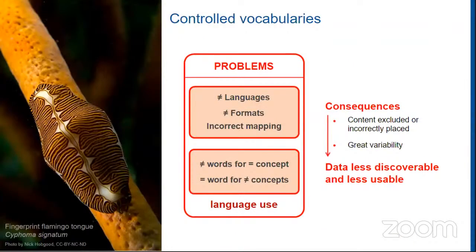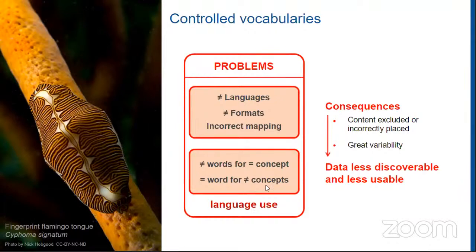And so to summarize a little bit what happens in these fields that expect controlled vocabularies, not only for sex, but for all the others, is what I was mentioning just a moment ago. We have different languages, we have different formats, we have incorrect mapping. And also it happens at times that we have different words that describe the same concept, even in a single language. And also the same word can be applied to different concepts.